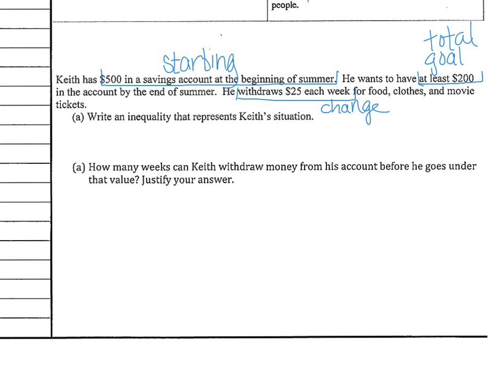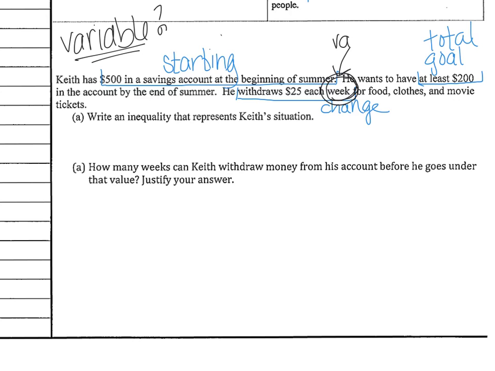All right, so first I need to do is figure out what is the variable. All right, the thing that changes in this problem. Okay, so he's got $500. That does not change. He wants to have at least $200. That doesn't change. The $25 doesn't change, but the weeks, the number of weeks does change.